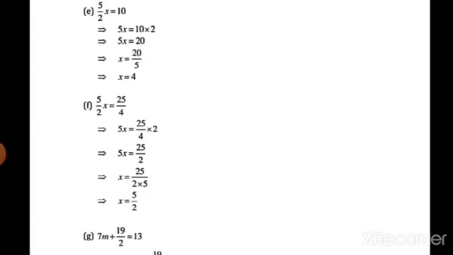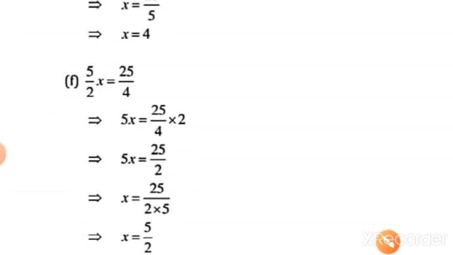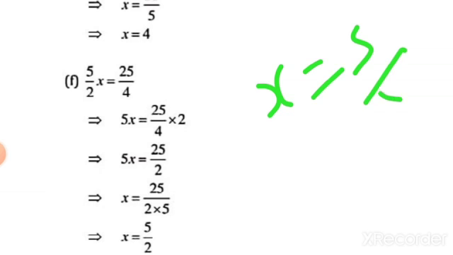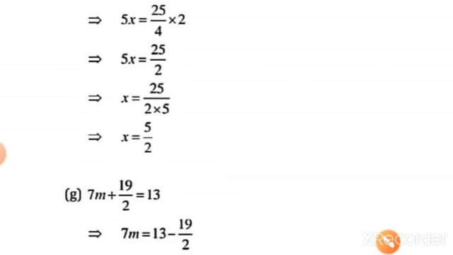So 5x is equal to 25 upon 4 multiplied by 2, so 5x is equal to 25 upon 2. So x is equal to 5 upon 2.